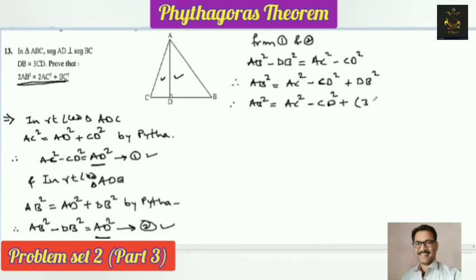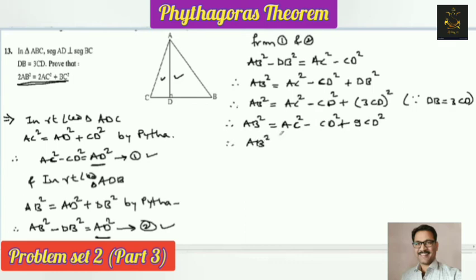This is nothing but thrice of CD bracket square. Why? Because we know DB is equal to thrice of CD, this given part. So because of that reason what we can get here now? AB square is equal to AC square minus CD square plus, what is this? This is 9CD square. Okay, now minus CD square means after that we'll get what? 8CD square. Here it is plus 8CD square.